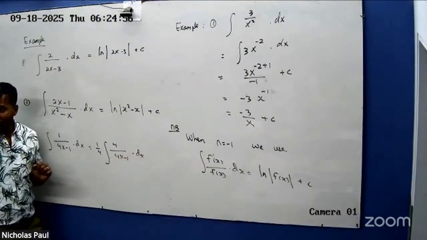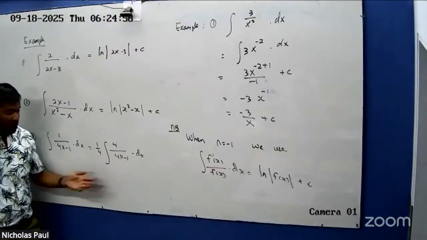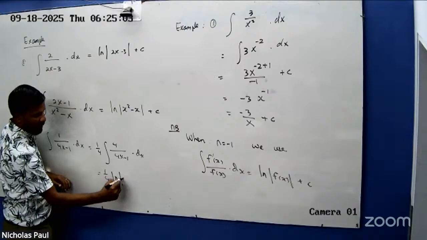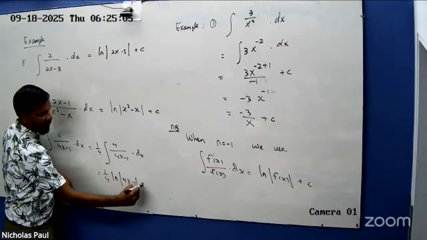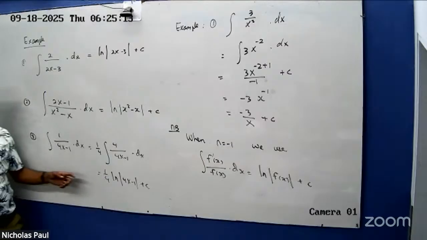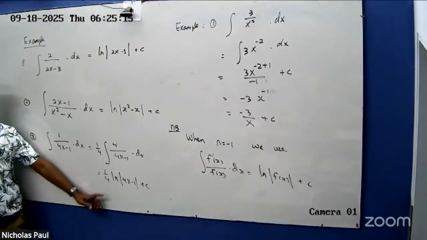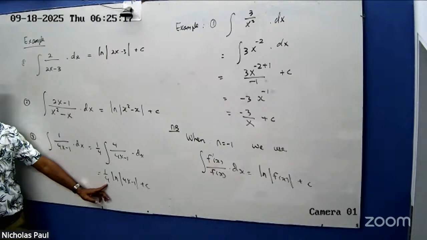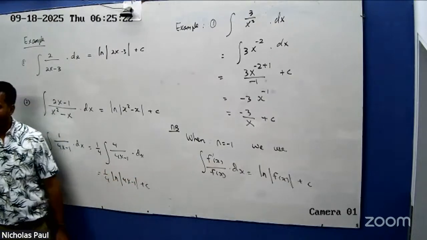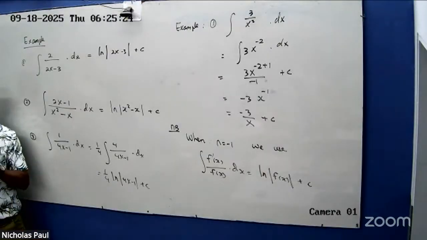Correct? And I can use ln now, right? So that would be 1/4 ln 4x minus 1 plus c. That's it. That's okay? Daniela, you okay with that? Right. Quick question. Anybody remember what I could do with that quarter there? It's ln. I could put it as a power. So you will see that later on when we're simplifying things.